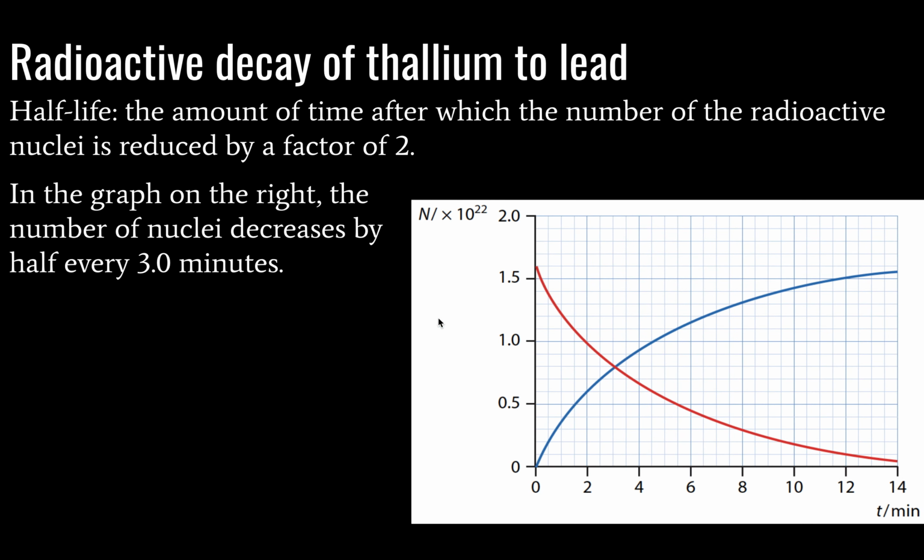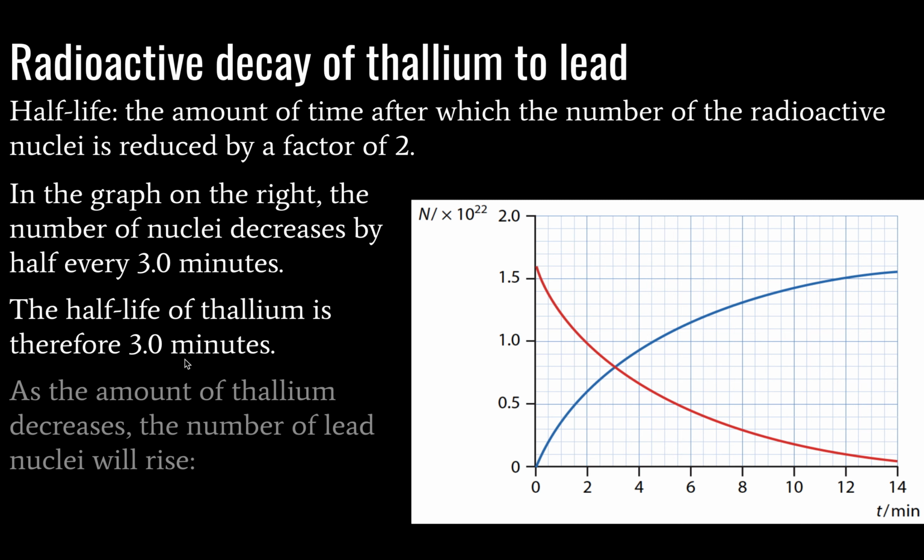As the amount of thallium decreases, the number of lead nuclei is going to increase, and that's going to produce this interesting curve that is directly related to this curve.